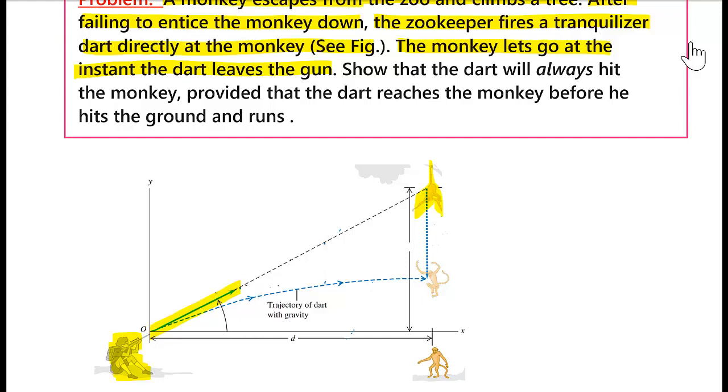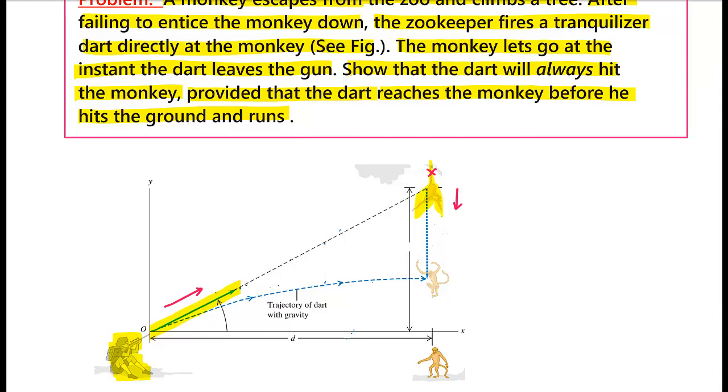So as soon as the monkey sees that he has thrown a dart, at the same point of time he lets go and tries to go down in free fall. We have to show that the dart will always hit the monkey, provided that the dart reaches the monkey before he hits the ground.